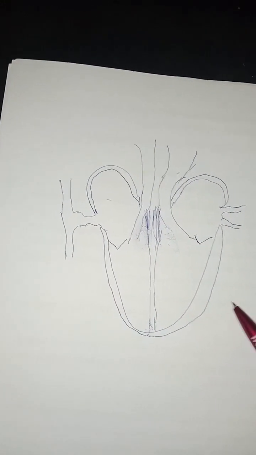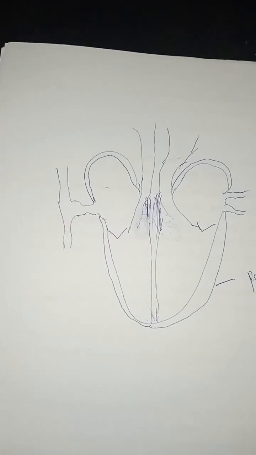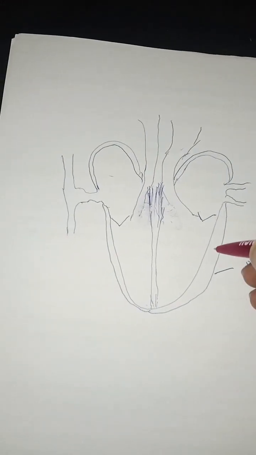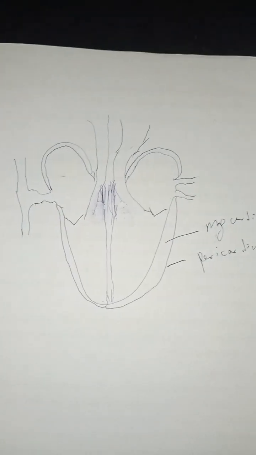In the outside, we have the layer known as pericardium. This is the pericardium of the heart. Then we have the middle layer known as the myocardium. Then we have the inner layer, which is called the endocardium.